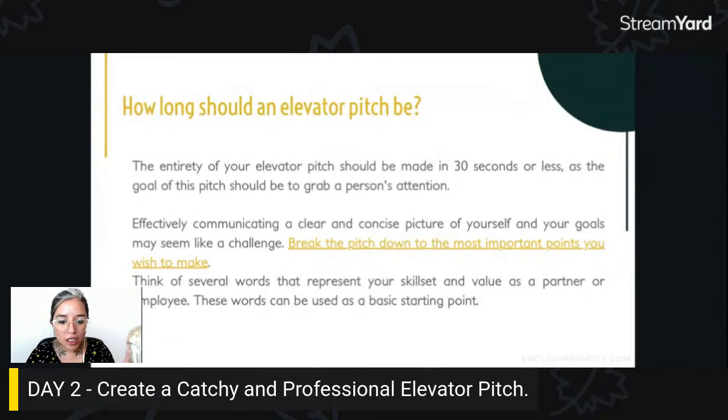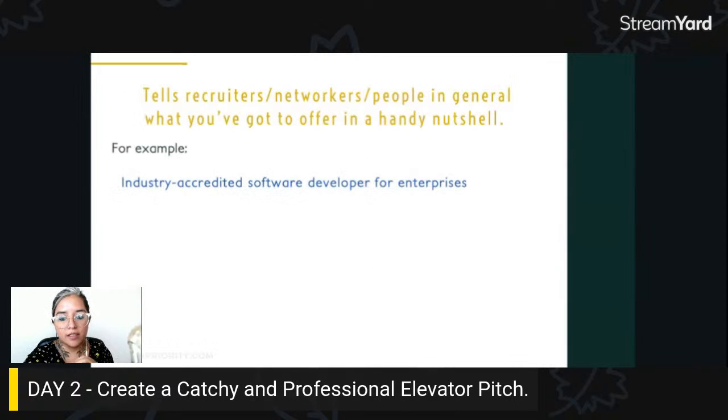You have to include keywords in your pitch, in your resume, in your LinkedIn profile, etc. So your pitch should be full of keywords.